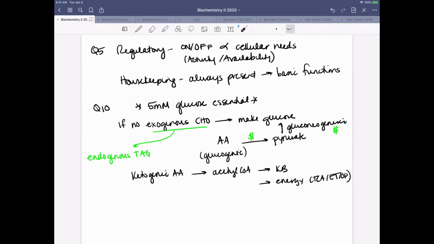There were just a couple of other homework questions that we handled a little bit like a laundry list here. I just want you to know the names of different kinds of enzymes or proteins that you might have in your body, regulatory versus housekeeping proteins or genes. Things that are regulatory are things that we turn on and off depending on what the cellular needs are. And again, we've learned that we can have short-term or long-term regulatory control mechanisms. Again, controlling the activity via an on-off switch, or controlling the availability, as we just learned here, via increased degradation, or again, upregulating transcription and translation of genes.